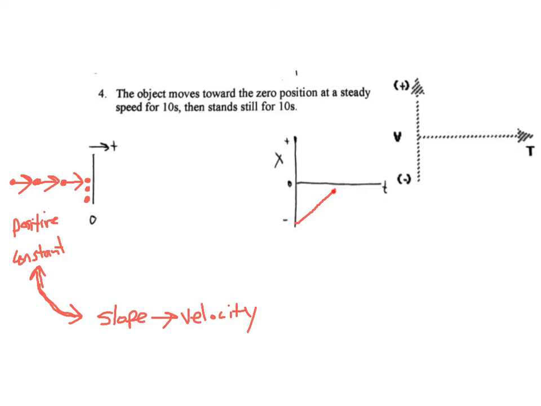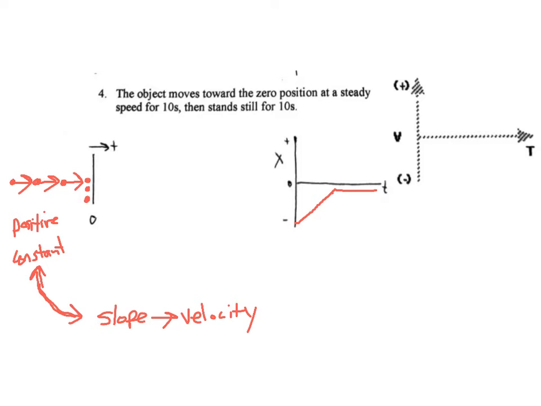With a line that has what kind of slope? 0 slope. Erase that. Back. Ooh, that's pretty good right there. So that is a 0 slope line to indicate 0 velocity.